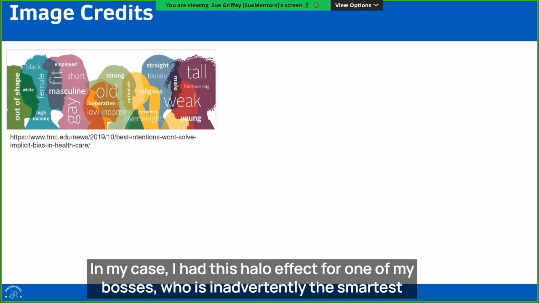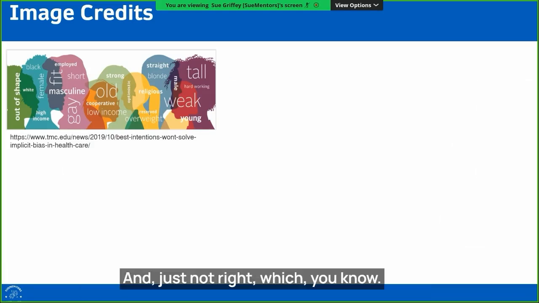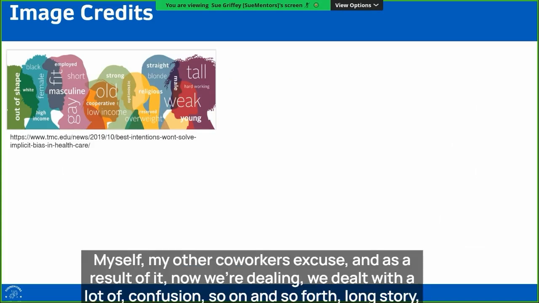In my case, I had this halo effect for one of my bosses, who was inadvertently the smartest person on earth. But in that halo effect, they did a lot of things that were borderline unethical and just not right, which myself and my other coworkers excused. As a result, we dealt with a lot of confusion, and so on and so forth.